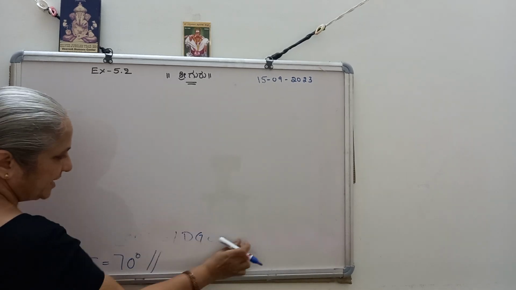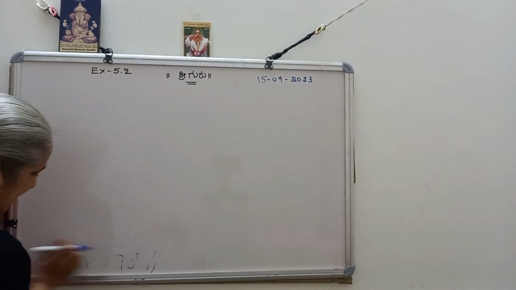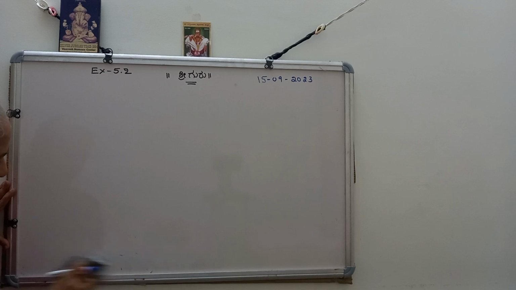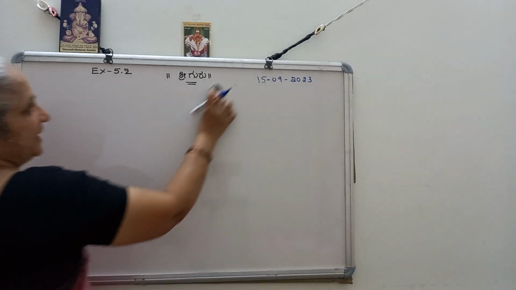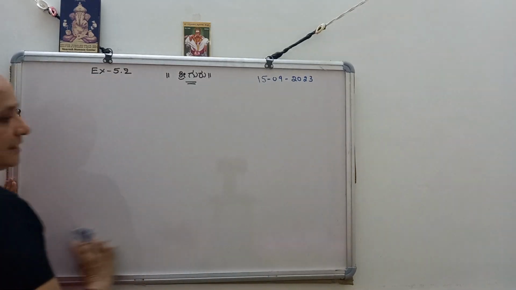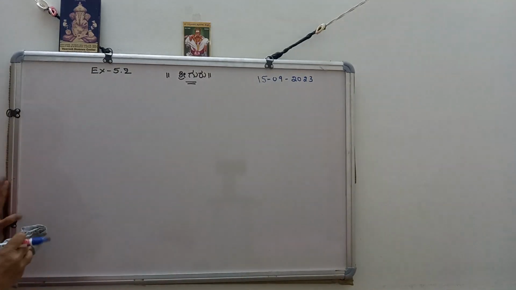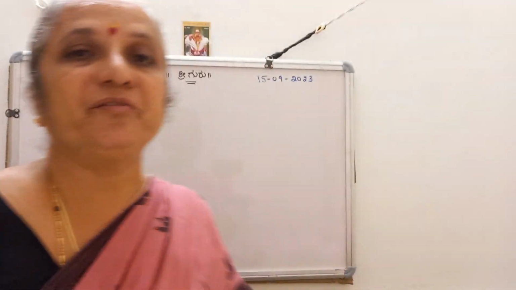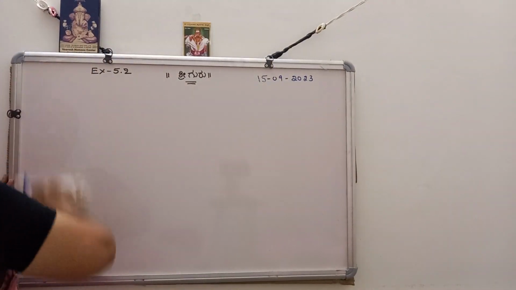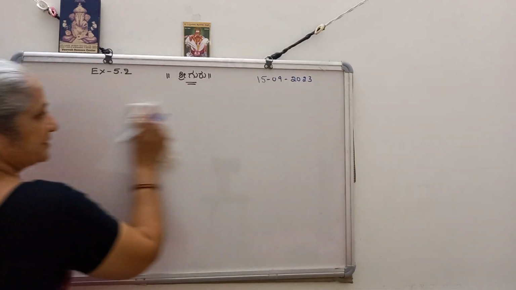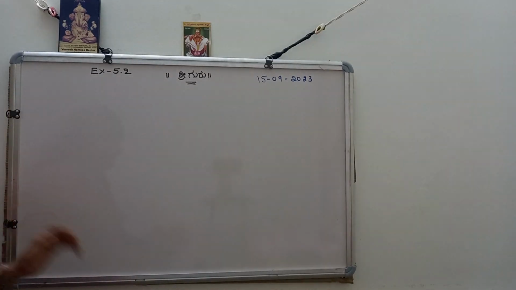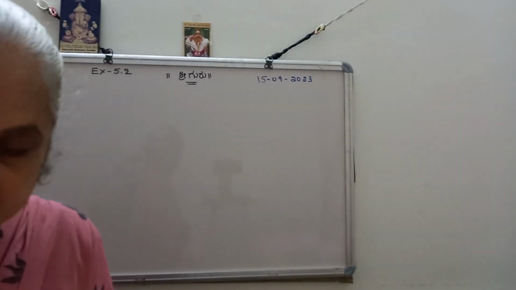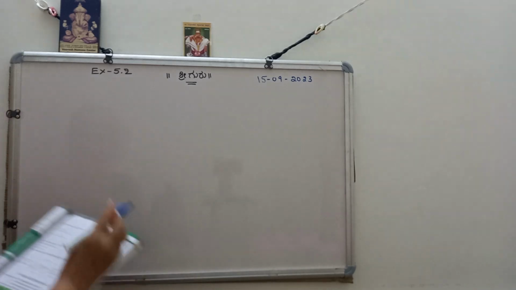If the corresponding angles are equal, then the lines have to be parallel. If the interior alternate angles are equal, lines have to be parallel. If the exterior alternate angles are equal, lines have to be parallel. If a pair of angles on the same side of the transversal are supplementary, then the lines are parallel. So here the condition is reversed. The sixth one.